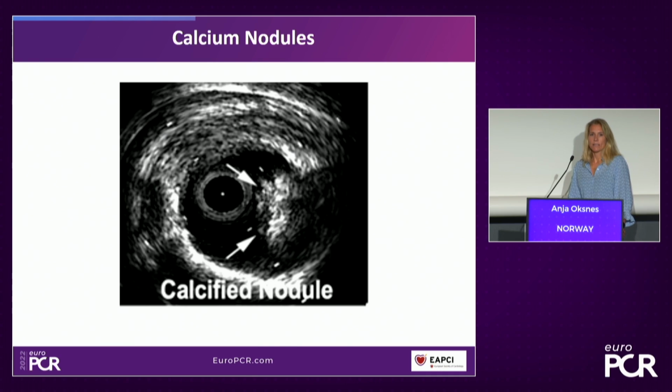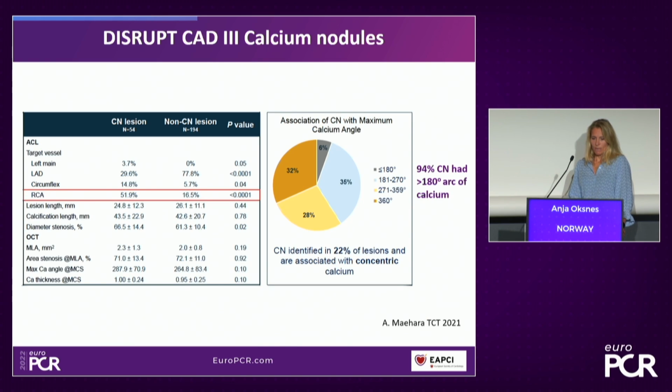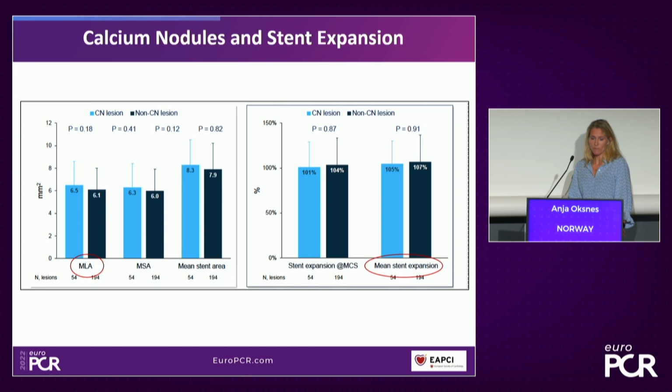So how about the calcified nodule? In 94% of the patients who had a calcified nodule, which was in 22% of the lesions, there was more than a 180 degree calcium arc. Most of these lesions were in the right coronary artery.